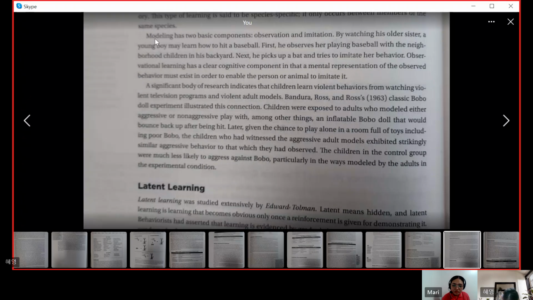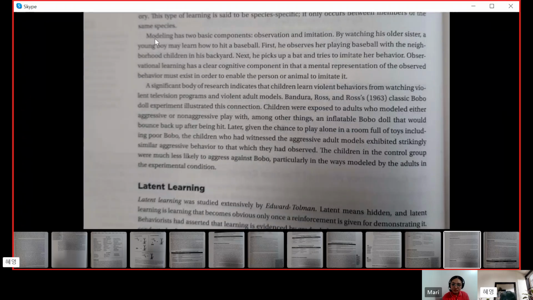So, modeling has two basic components, observation and imitation. By watching his older sister, a young boy may learn how to hit a baseball. First, he observed her playing baseball with the neighborhood children in his backyard.